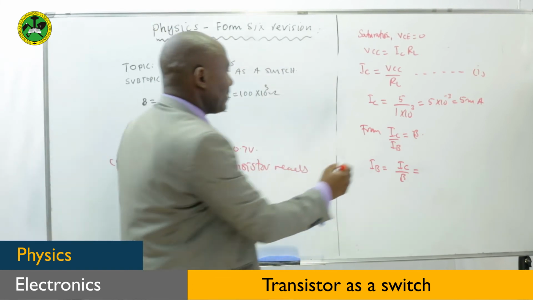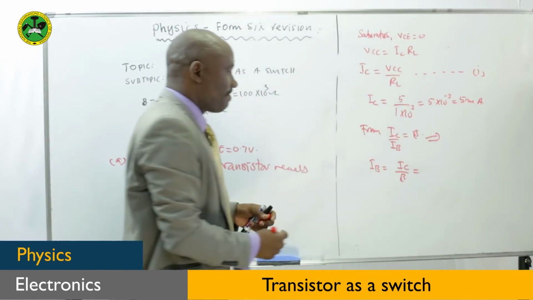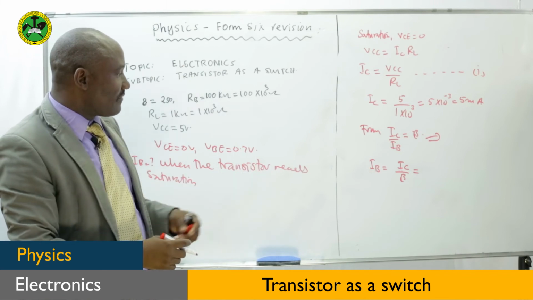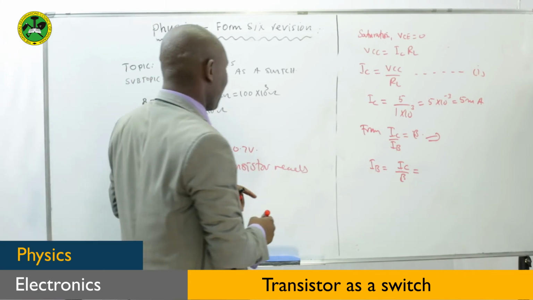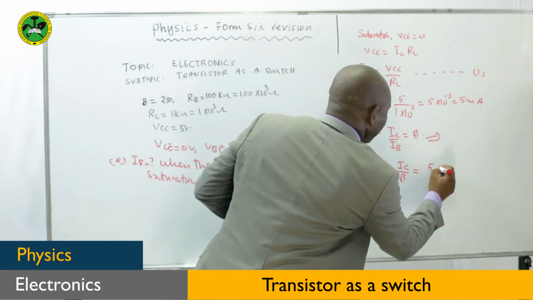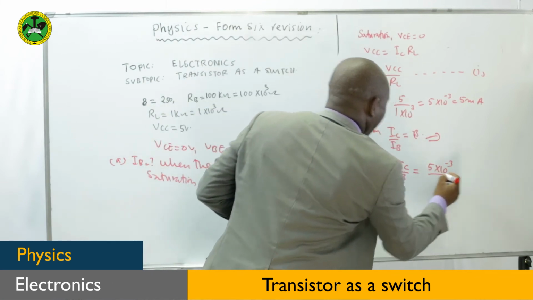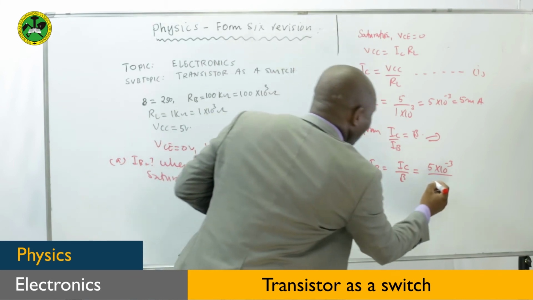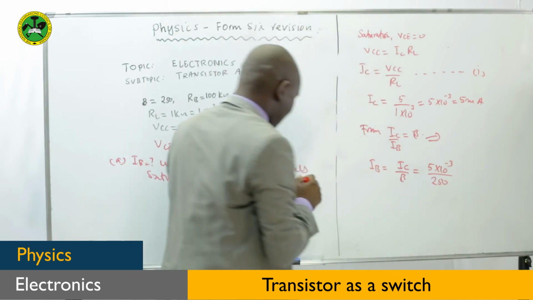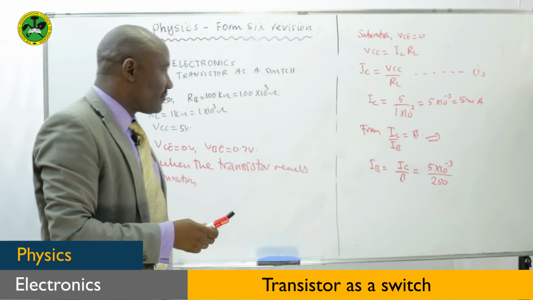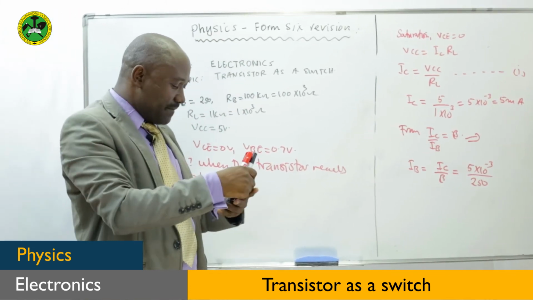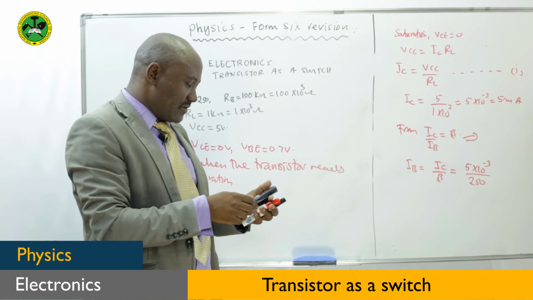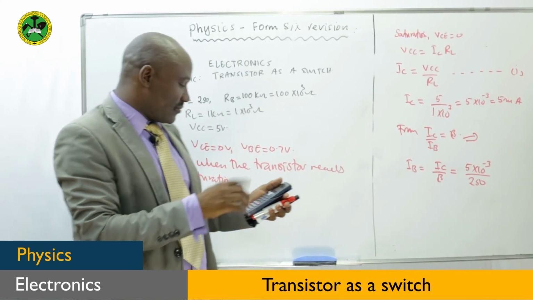You can make the substitution. Substitute the value of IC, which is 5 times 10 negative 3, over the current gain, which is 250. Using a calculator, you can find the base current. This is the minimum base current at which the transistor will reach saturation.